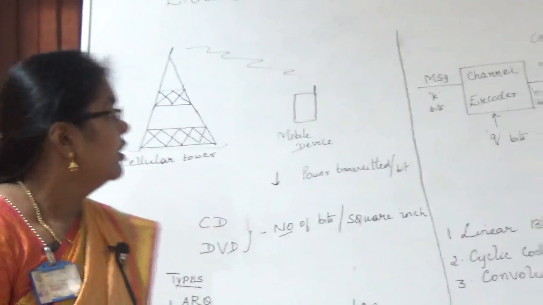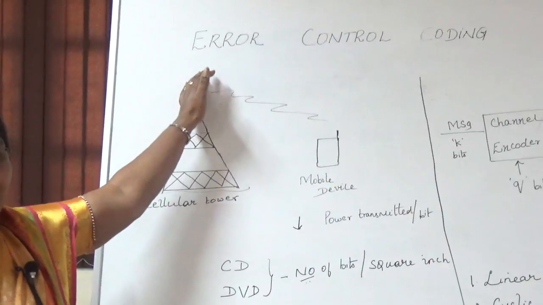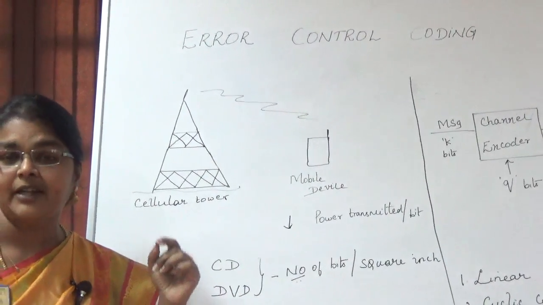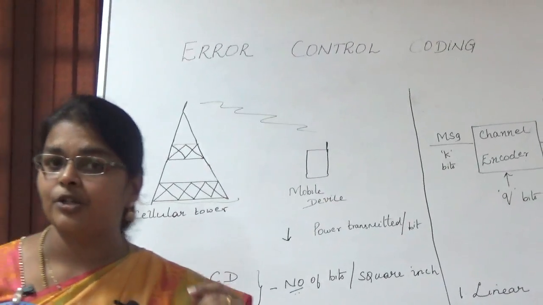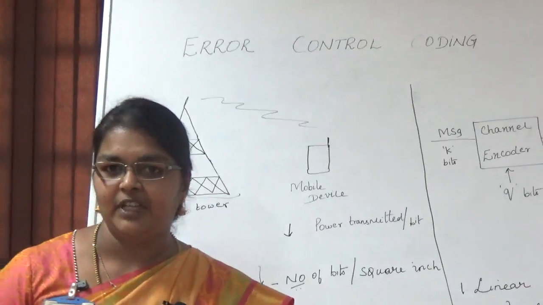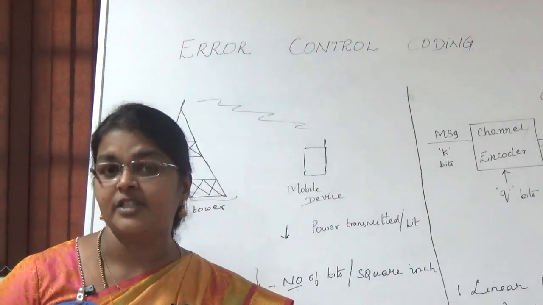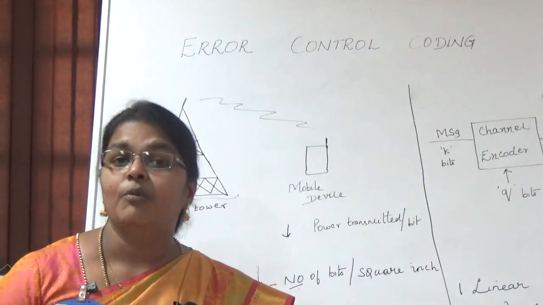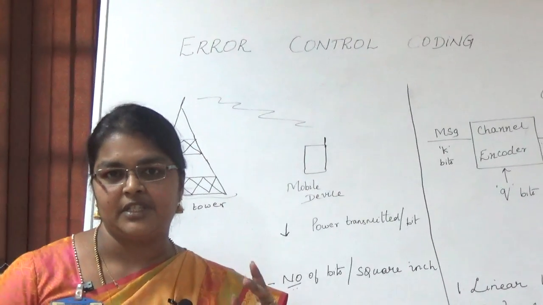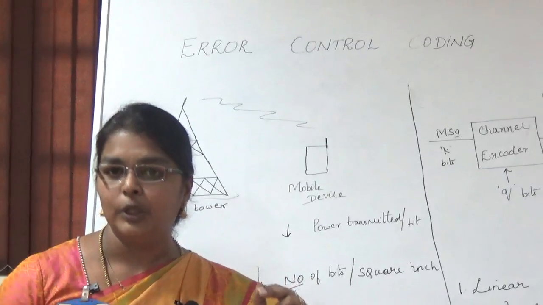So now we'll see what exactly is error control coding and why we should go for it. As the name indicates, we are supposed to provide a mechanism to control the error. In digital communication, the digital information is getting transmitted. Digital information has only two levels, either a high level or a low level.